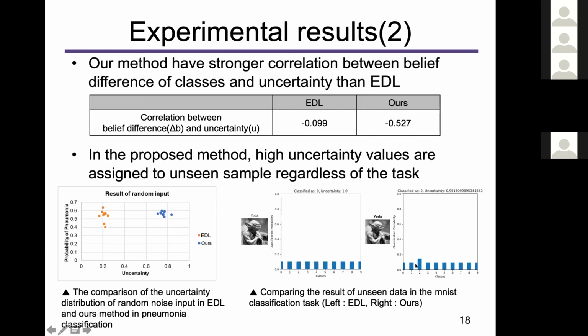Our model has a slightly higher result for number 2 here, but anyway, it's pretty small, less than 0.2, and we have high uncertainty, like 0.95. So this highest value might be a problem, but because we have high uncertainty, I think it doesn't really matter, and we can put this Yoda as unclassified.